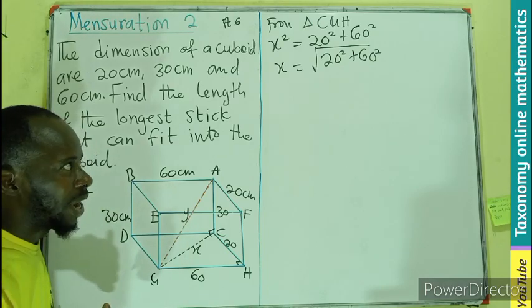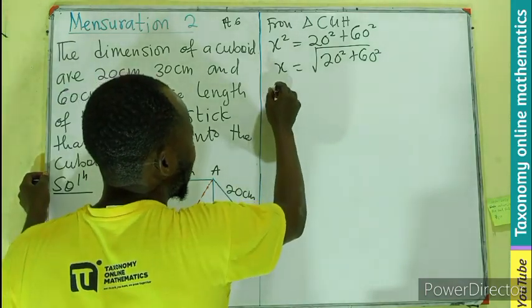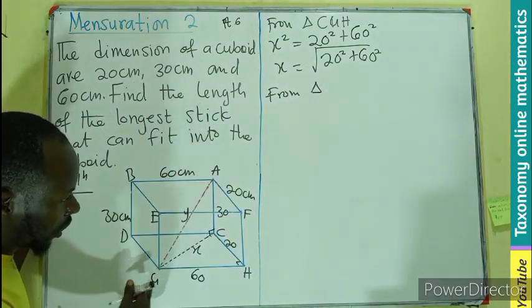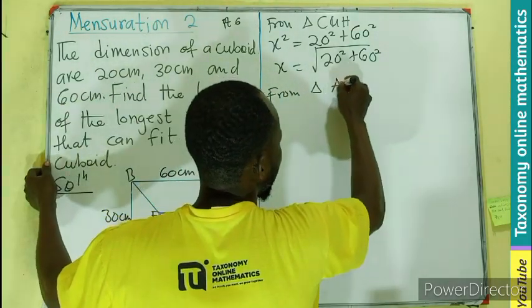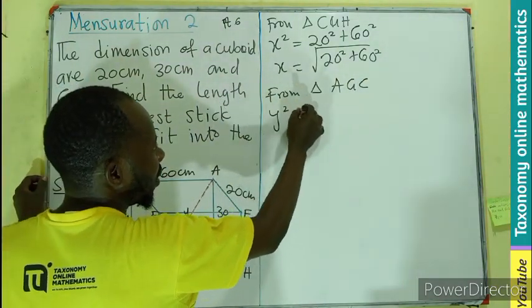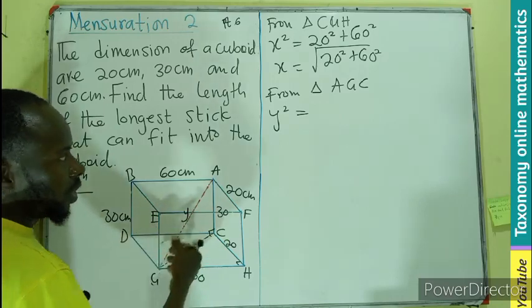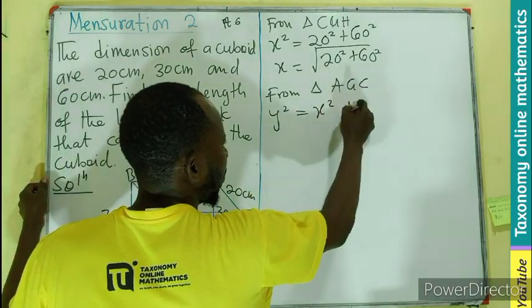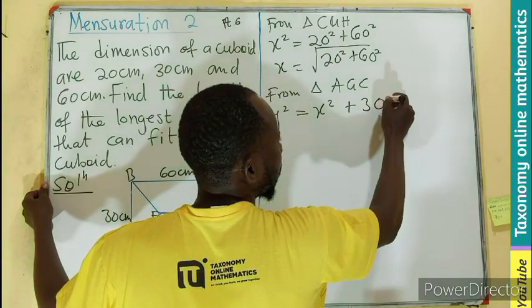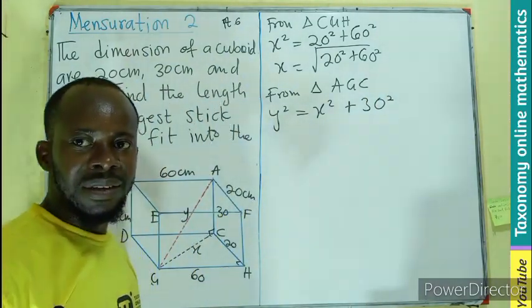So using the Pythagoras theorem, from the triangle AGC, we can have Y squared equals X squared plus 30 squared. We see that?